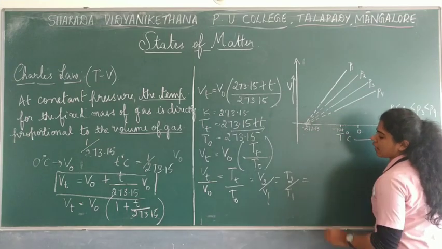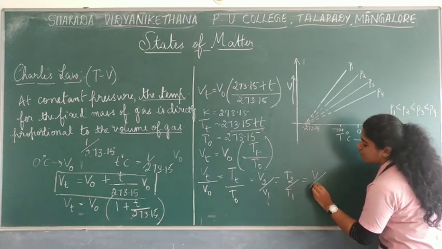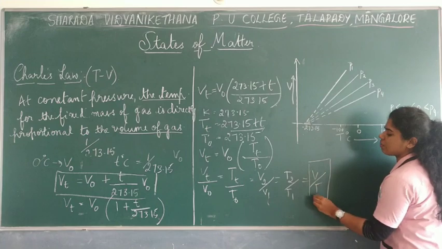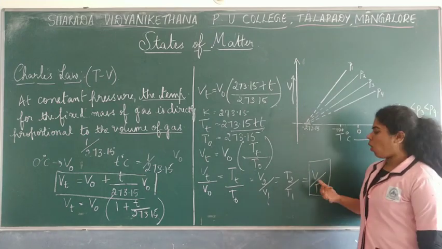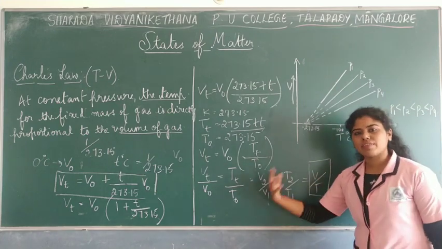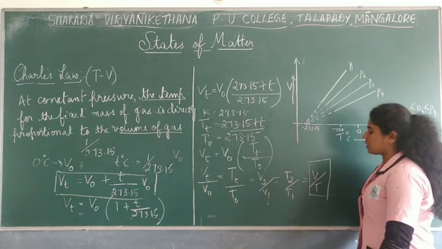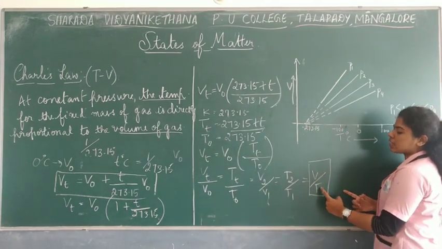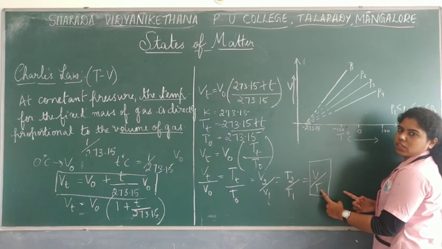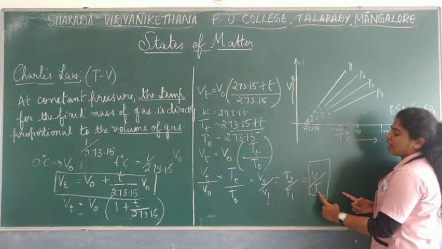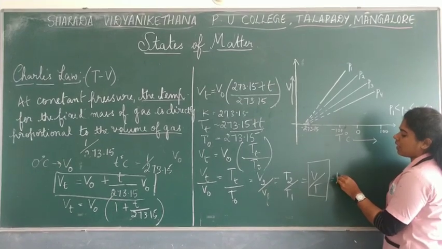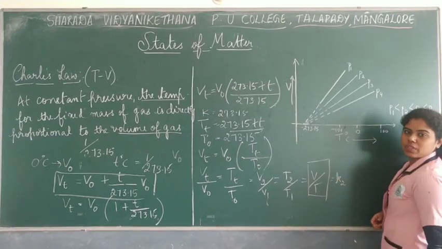Or if you have to write this totally, this is nothing but V by T, right? So this is the main thing we arrive at. Whether it is the final value or the initial value, the main thing we notice is that the volume is divided by the temperature, right? So here we get a constant that will be equal to K2.